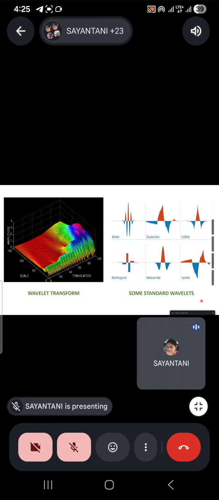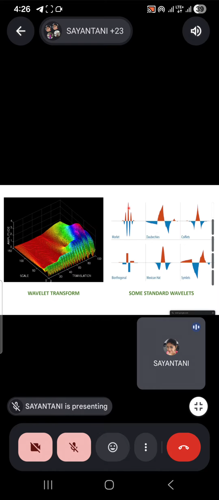Now let us see what are the different categories of mother wavelets which are available. We took an example of the Morlet wavelet in the previous slide. We can have other wavelets like Daubechies, coiflets, biorthogonal, Mexican hat, symlets. They have different shapes. These wavelets have been designed according to your practical needs. The Daubechies wavelet is popularly used for capturing the abrupt changes in EEG signals.